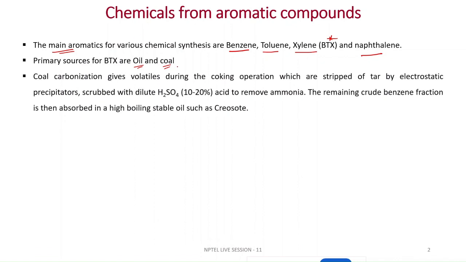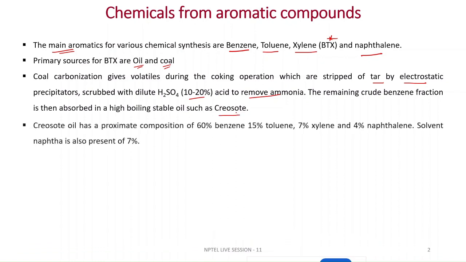If you go for coal carbonization, it gives volatiles during the coking operation, which is stripped of tar by the electrostatic precipitator method and then is scrubbed with dilute sulfuric acid, which is 10 to 20% acid, to remove the ammonia, and the remaining crude benzene fraction is then absorbed in a high boiling stable oil such as creosote.